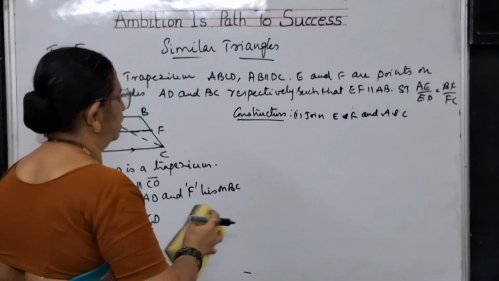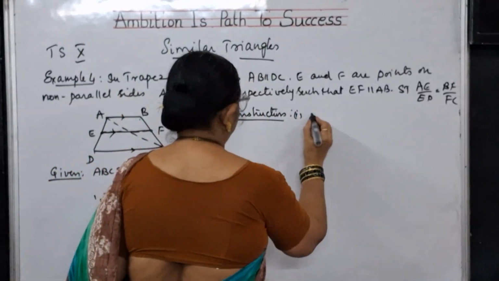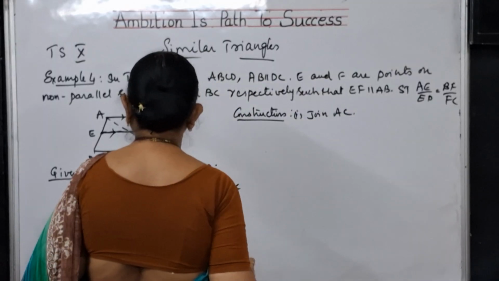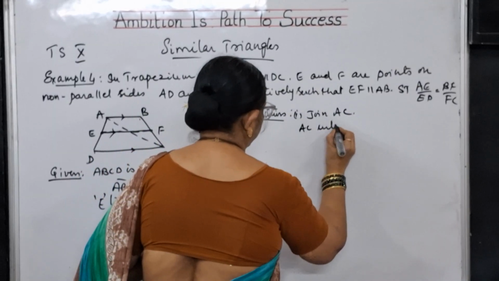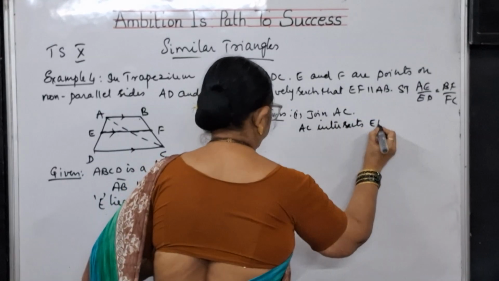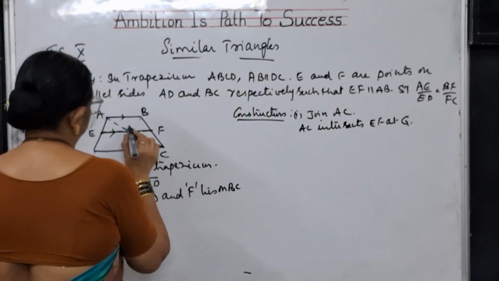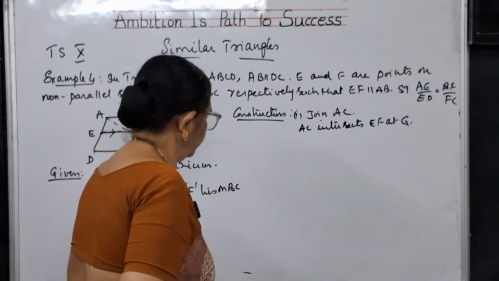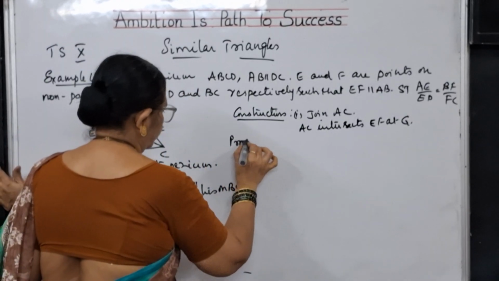So the construction is, join AC, and AC intersects EF at G. Let me name this point as G. Now let us see the proof.